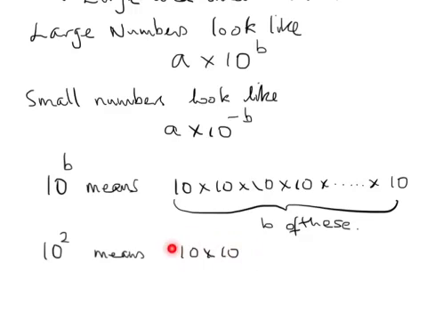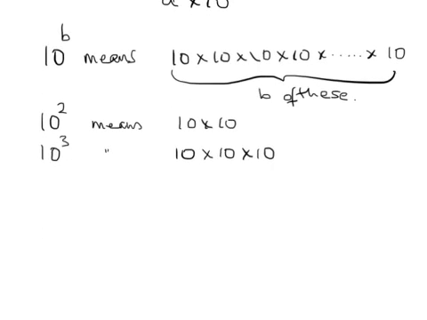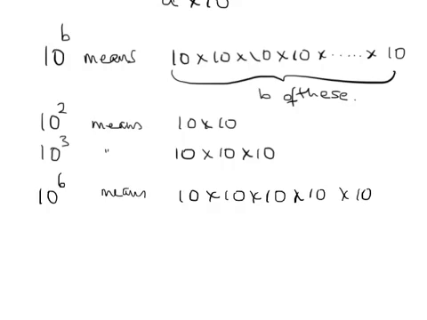In other words, that 2 is the number of 10s that you would have. 10 cubed means 10 times 10 times 10. And, for example, 10 to the 6 means 10 times 10 times 10 times 10 times 10 times 10. 6 of those. 1, 2, 3, 4, 5, 6. So it's 10 to the 6.